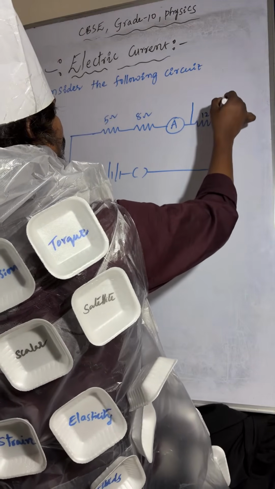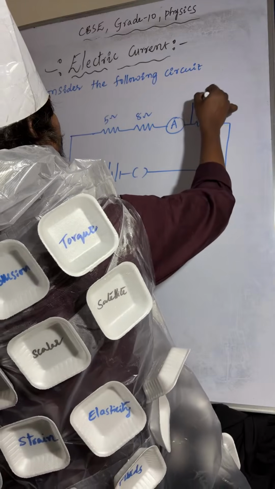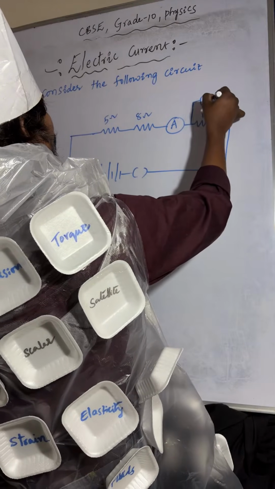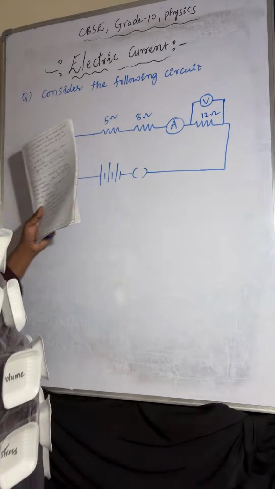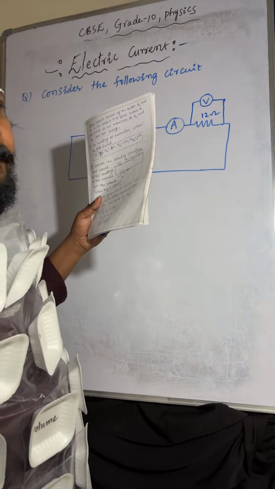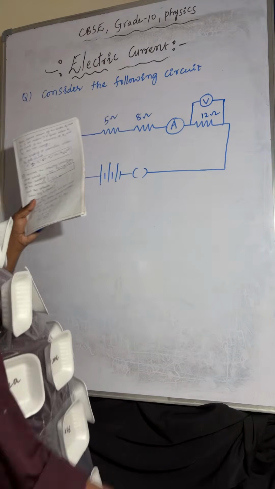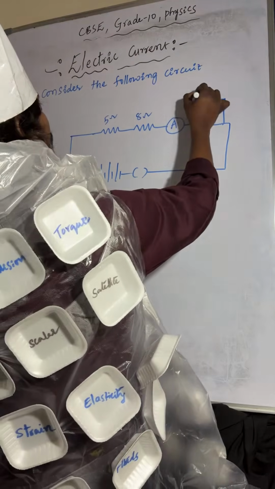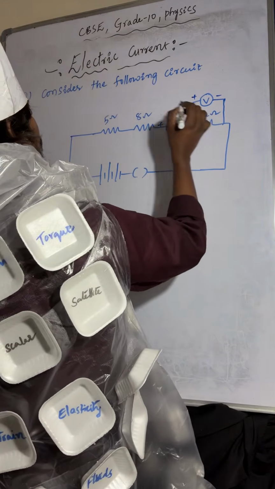Across the 12 ohm we connected a voltmeter. So the voltmeter is connected here. Okay, so here you can see positive, positive, positive, positive.